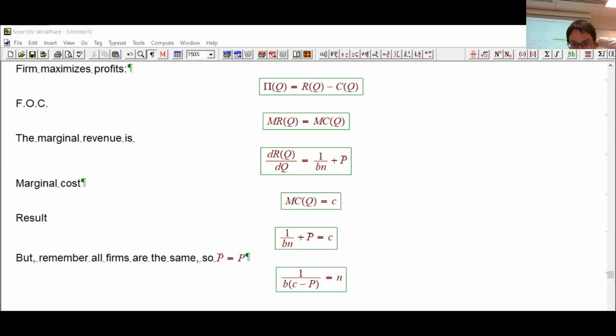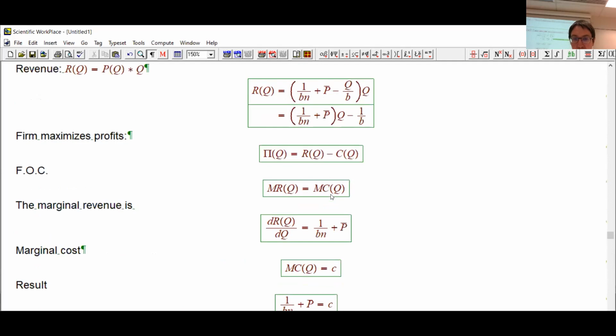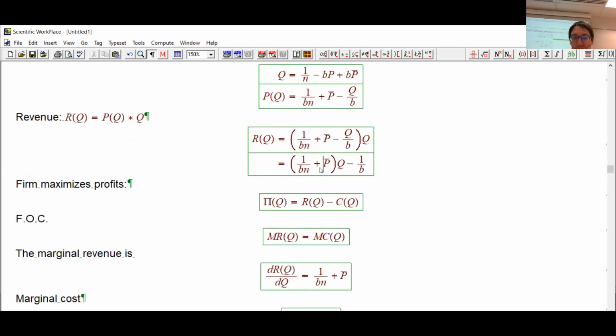Check. P equals C plus Q over SP. No. Okay, it's going to be too complicated.